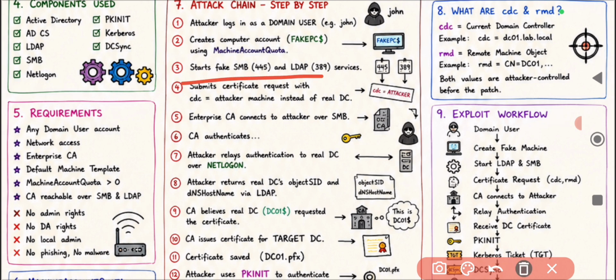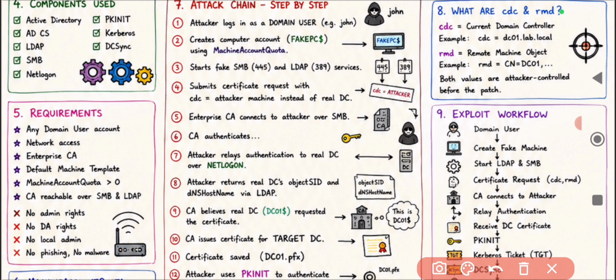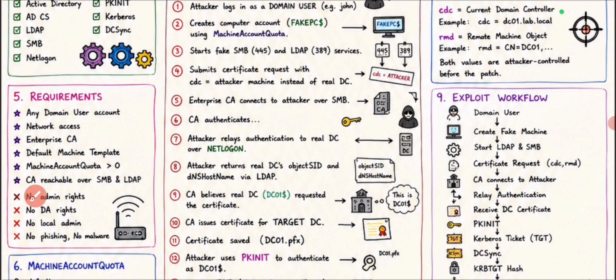Start a fake SMB on port 445 and LDAP on service port 389. Then submit a certificate request with the attacker machine instead of the DC. The compromised enterprise CA connects to the attacker SMB, then the CA authenticates, and the attacker relays the authentication to the real DC over Netlogon.